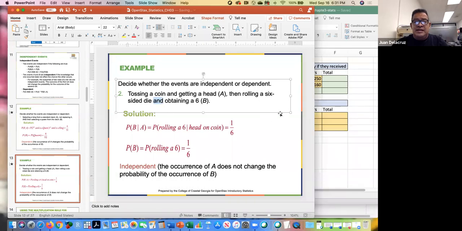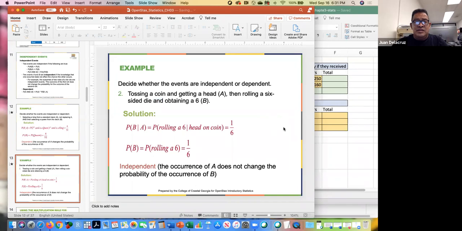I think I erased something here. Tossing a coin and getting a head, A, then rolling a six-sided die and obtaining a 6. So the first event is a head and the second is a 6.